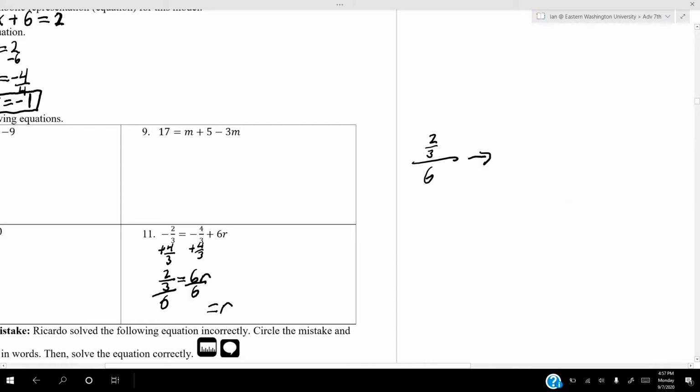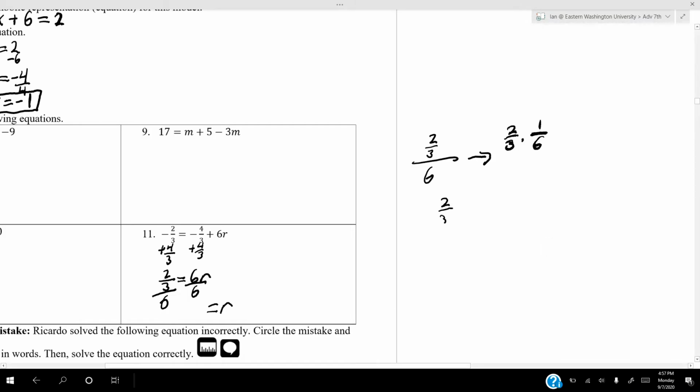This is the same thing as saying we have 2/3 times 1/6. All right? Now, you may be wondering, Mr. Lynch, how did you get there? Well, if we have a 1 over here, right?